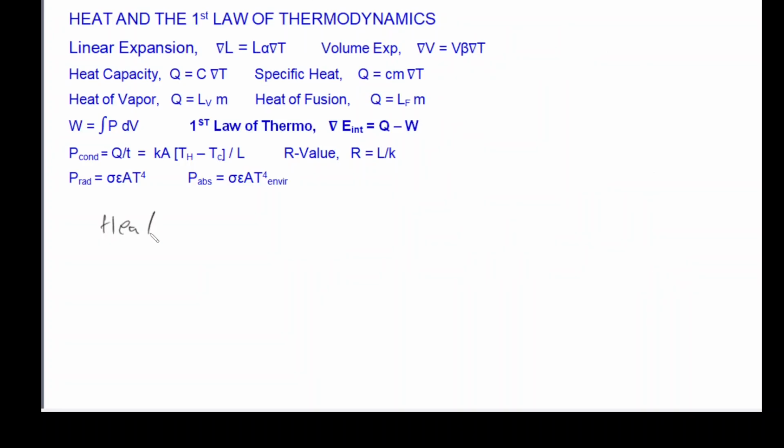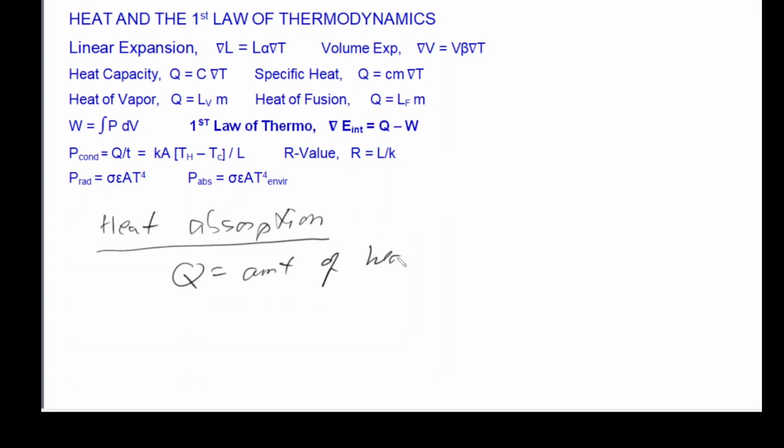Now let's discuss heat absorption. A system in its environment can exchange heat, usually from a hotter region to a colder region. This is due to a transfer of thermal energy or heat, measured by the value Q. And that's equal to the amount of heat transferred. And it's a form of thermal energy.